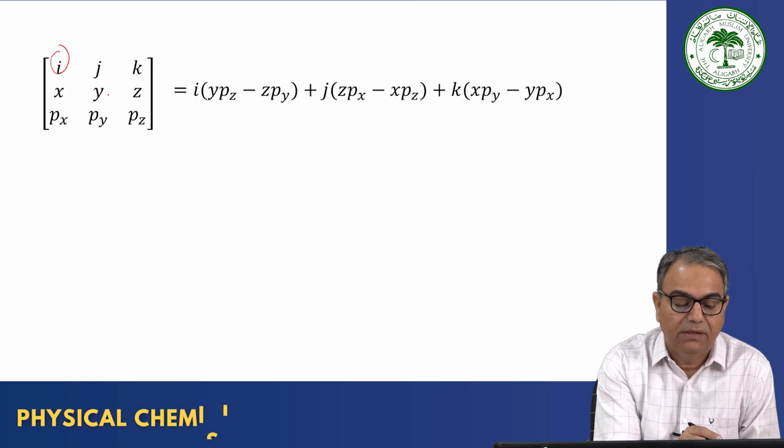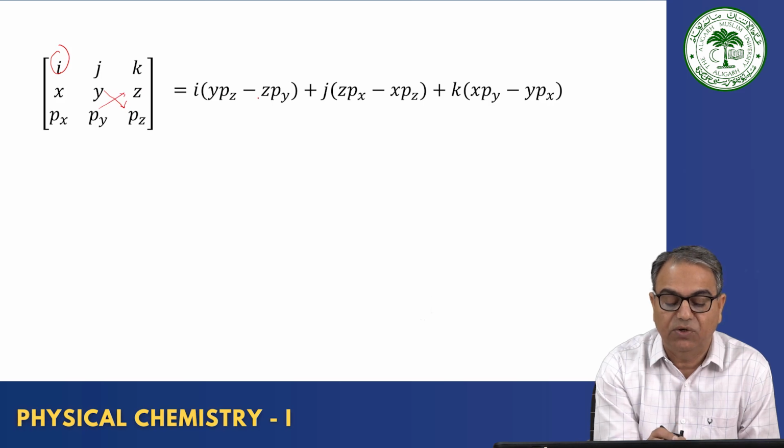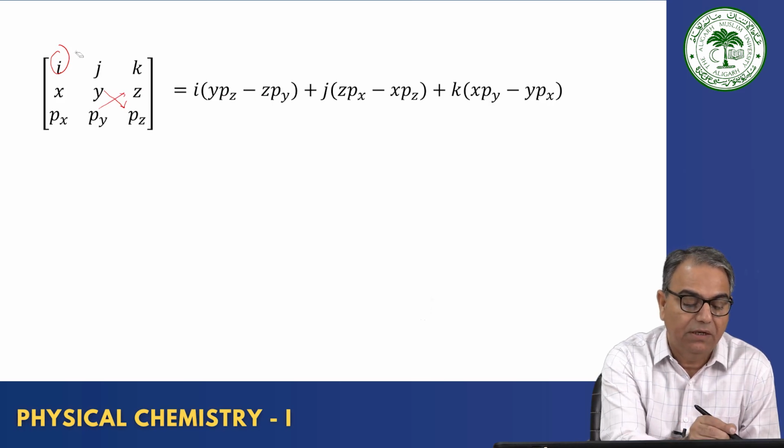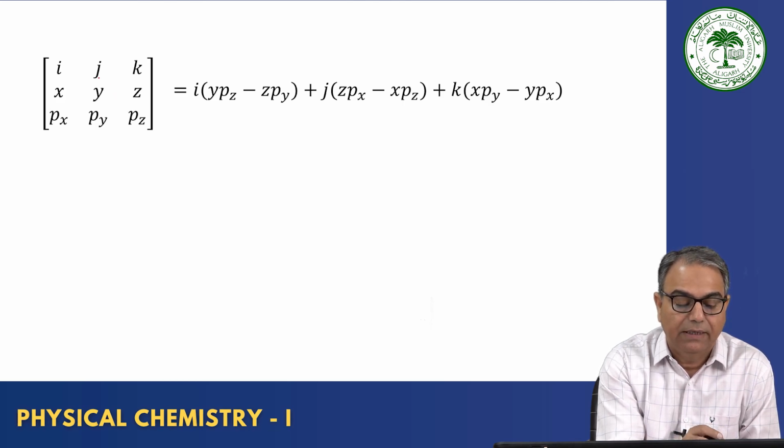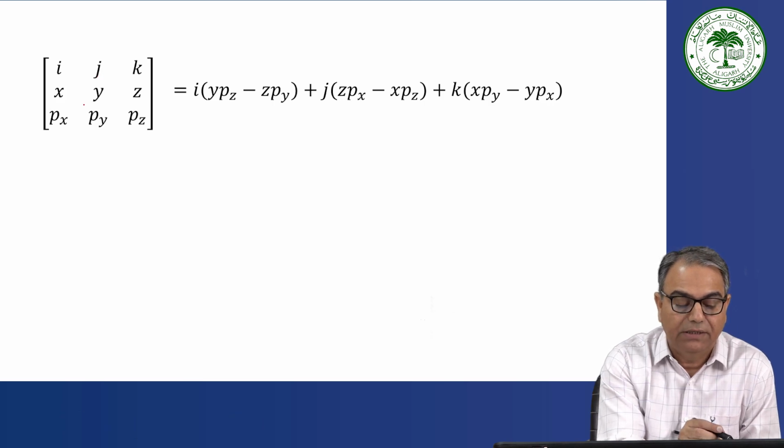It should be this multiplied by this one and this multiplied by this one. So ypz minus zpy. Okay. So this goes for the first term. Then if you write for j, then you omit the first row, you omit the middle column, and what do you get?